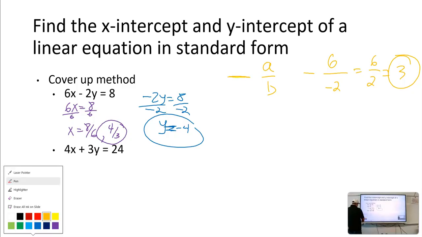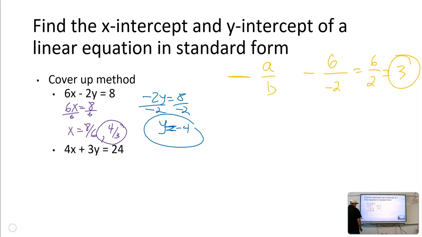All right, let's try the same thing now down here on this equation. Let's cover up the 3y, and we got 4x equals 24. Divide both sides by 4, and you get x equals 6 for your x-intercept.